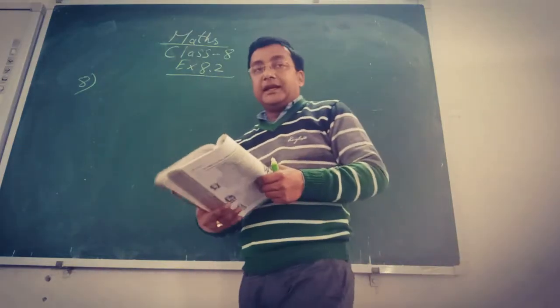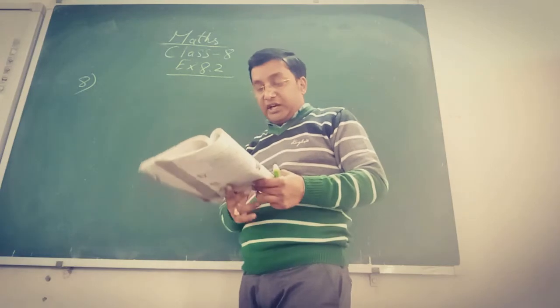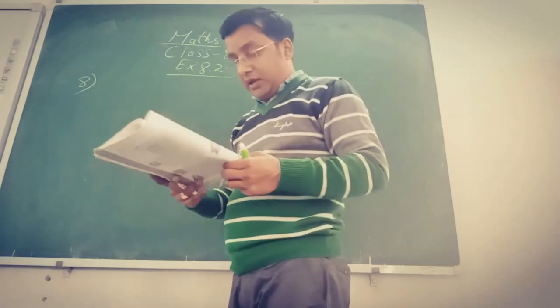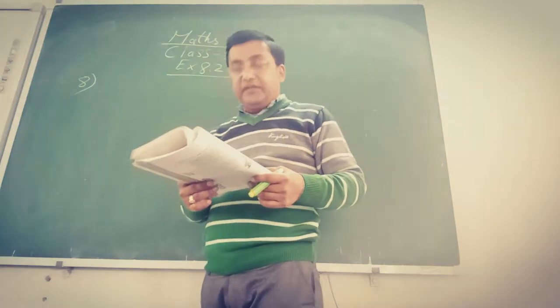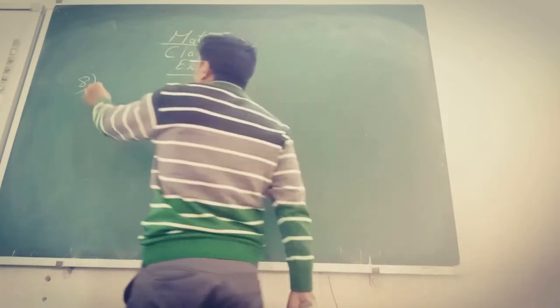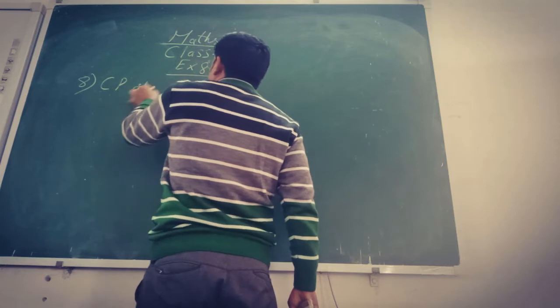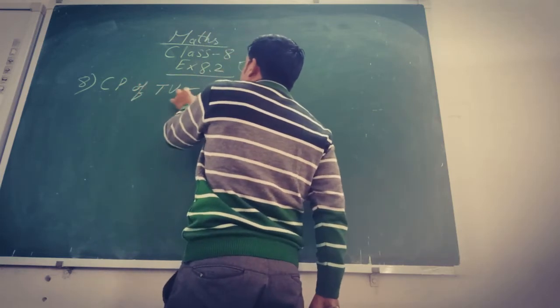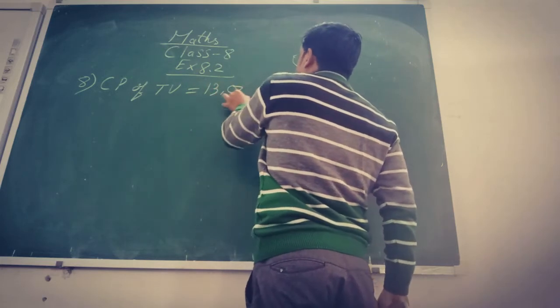So, in this video, we are going to take exercise 8.2, question number 8. The price of TV is rupees 13,000. So this is the cost price. Cost price of TV is equal to 13,000.